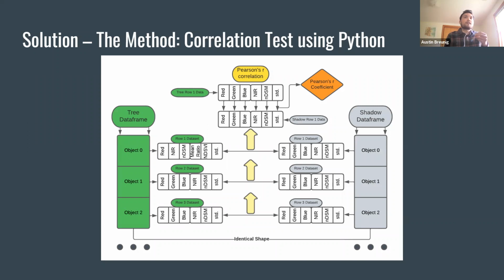The key here is that the schema of each data frame needs to be identical so that you're matching the red band to the red band, the green band to the green band, and so forth. And so you get a coefficient that's generated based on that. My idea is that if you select the coefficients that are above a very high positive coefficient, then you can reclassify the shadows as such.